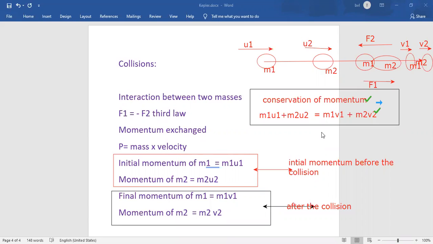Even if it is a nuclear reaction or an ordinary collision, Newton's third law is obeyed, and conservation of linear momentum is also compulsory. So this is about the conservation of linear momentum in collisions.